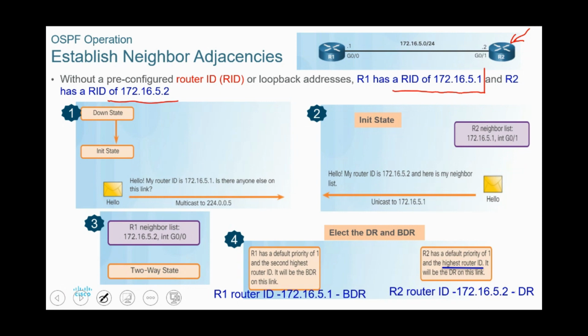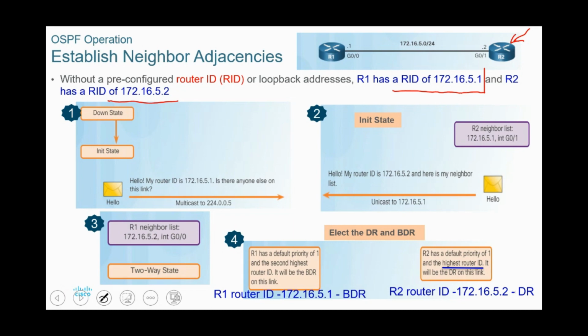Now, when you bring up the interface, in the initial state, the router is going to send the hello message out the interface, and it says, hello, my router ID is 172.16.5.1. Is there anyone else on this link? It will multicast it to the 224.0.0.5 address.